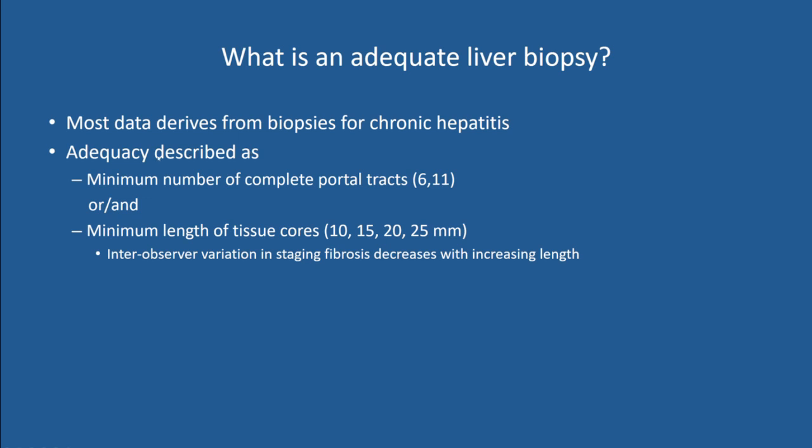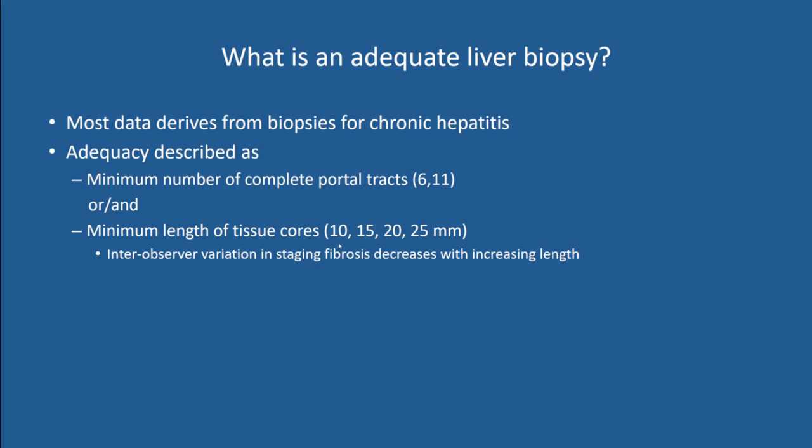And these papers describe adequacy either as the minimum number of complete portal tracts, and some papers say that 6 are enough, others say that you need at least 11, and or the minimum length of tissue cores. So you need a core that's at least 1 centimeter or 1.5 or 2 or 2.5.